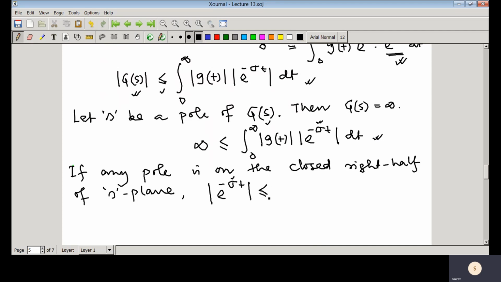So this value would always be less than or equal to 1, since sigma is greater than or equal to 0.